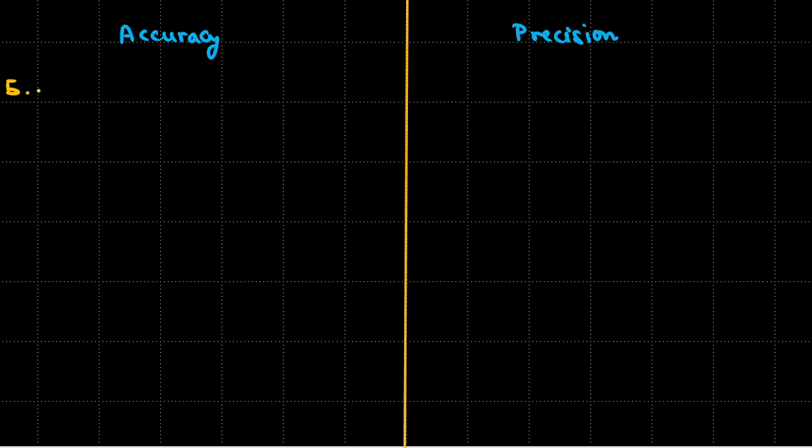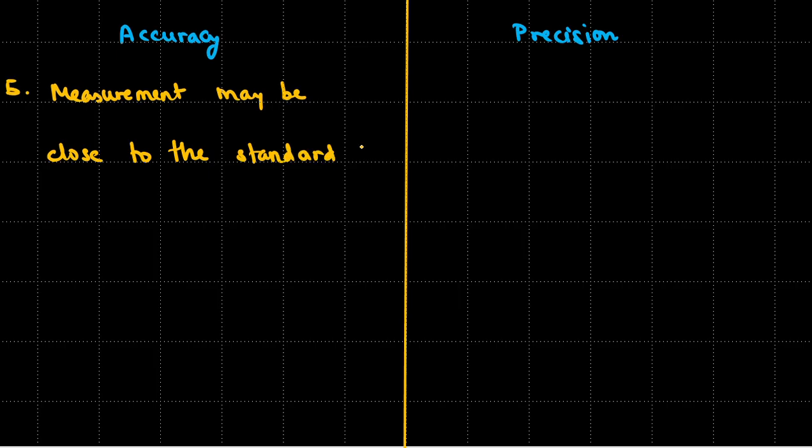So the fifth point in accuracy is, measurement may be close to the standard measurement.